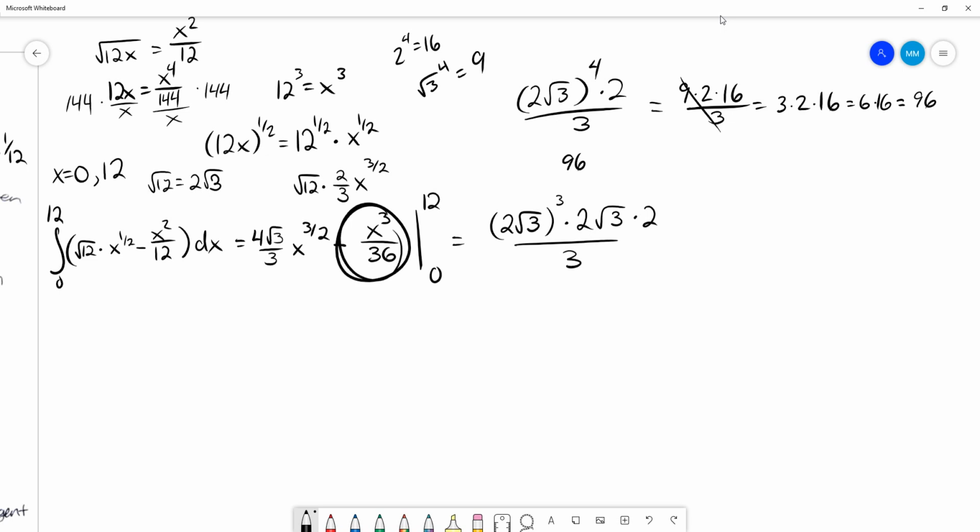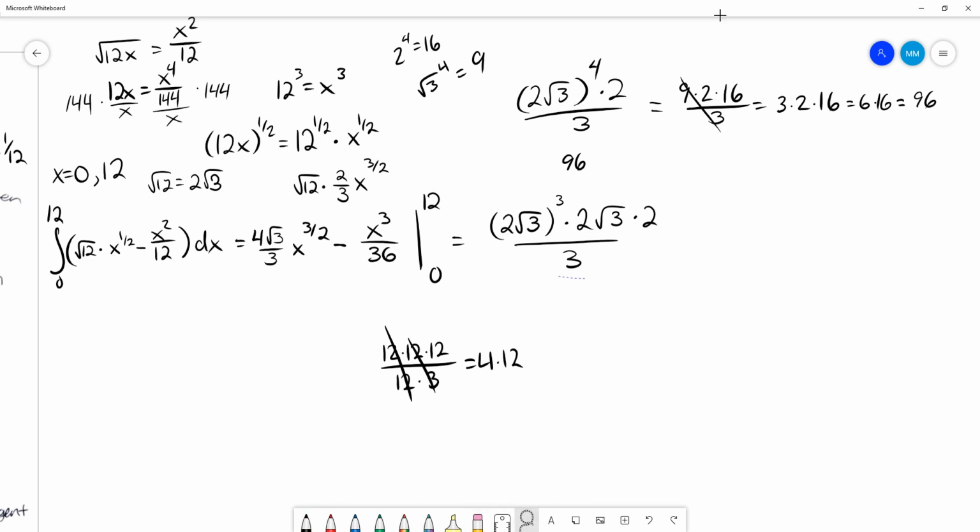Then we have to subtract this, so that's x, so it's 12 cubed divided by 36. And remember that I'm going to just expand that so that I can get rid of some stuff, right? Because 36 is 12 divided by 3. So it's actually 12 times 12 divided by 3, but that's going to be 4 times 12, which is just 48.